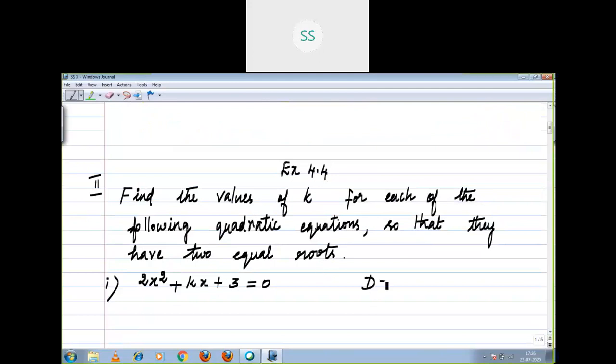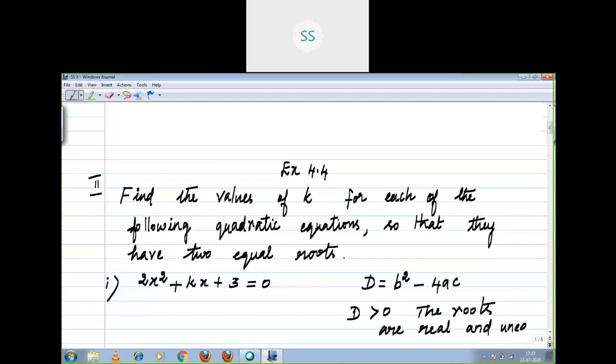Discriminant. What is it? It is part of the quadratic formula. Discriminant is nothing but b square minus 4ac. Then three things are there. D greater than 0: the roots are real and unequal or distinct.